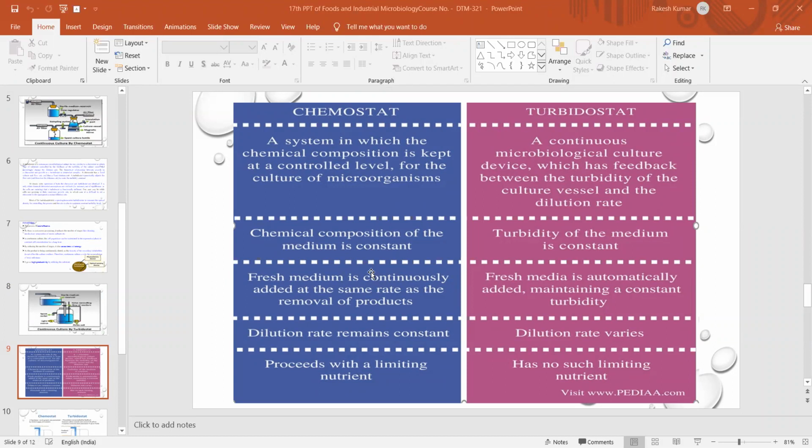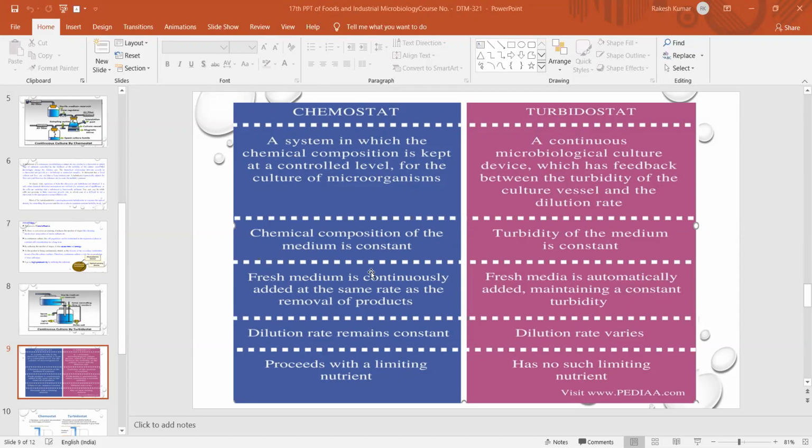So this is a major difference between these two. The chemical composition of the medium is constant, while in case of a turbidostat, the turbidity of the medium is also constant, but the flow will depend upon the turbidity level present or the change inside the system.